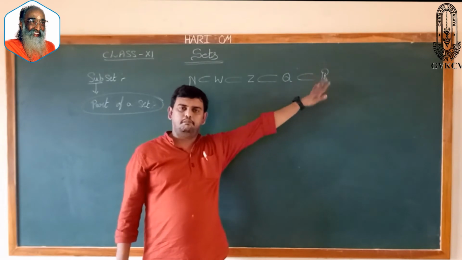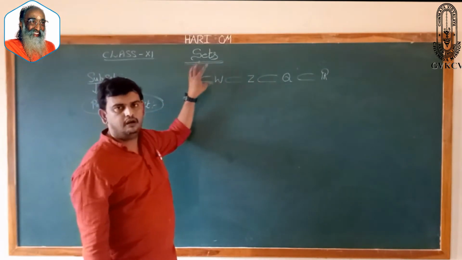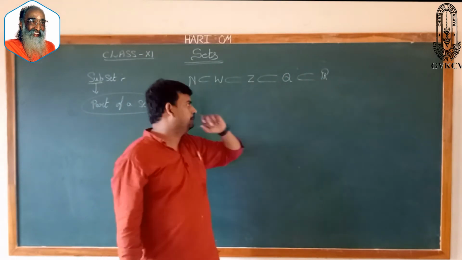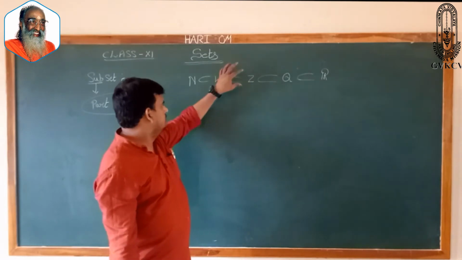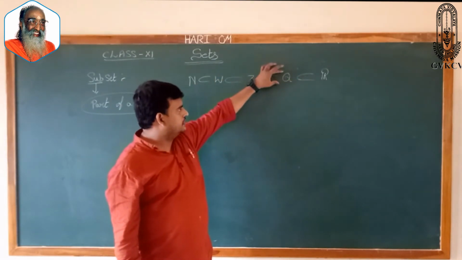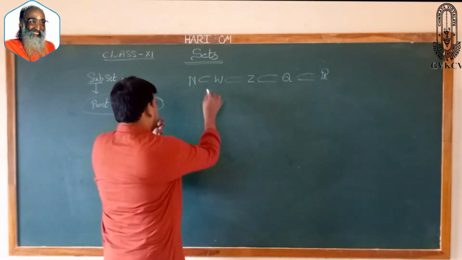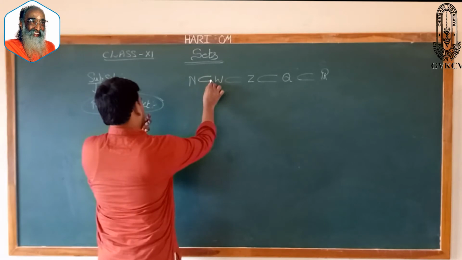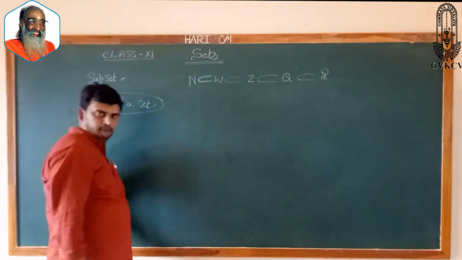All numbers are part of the real numbers. Natural numbers, whole numbers, integers and rational numbers are all part of the real numbers. I told you that this is the symbol we call subset.